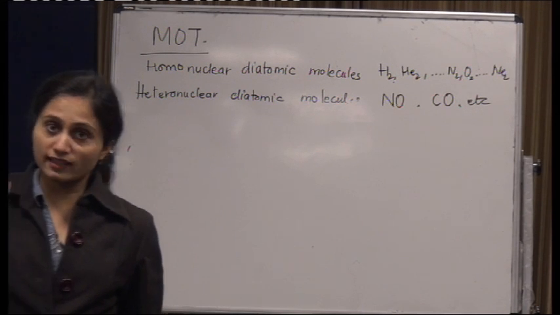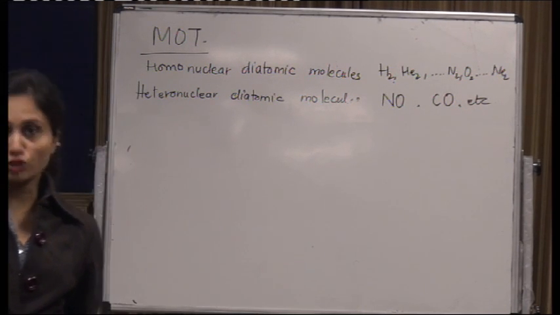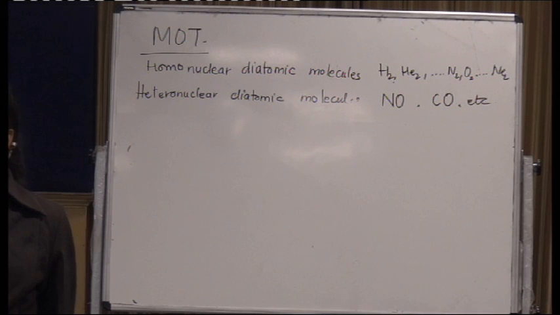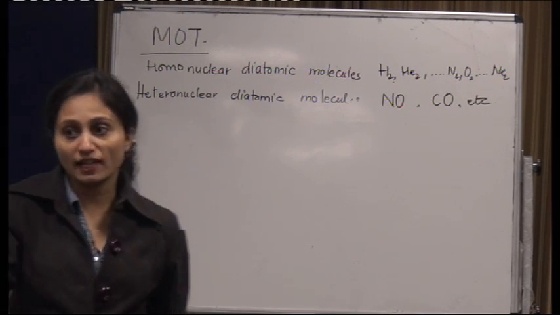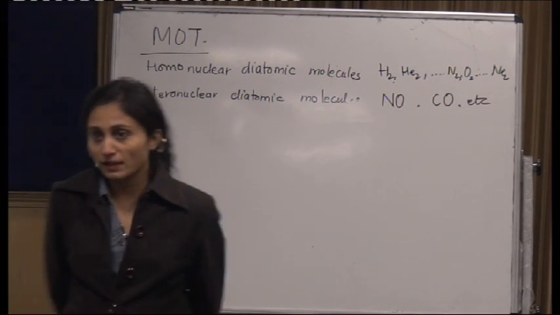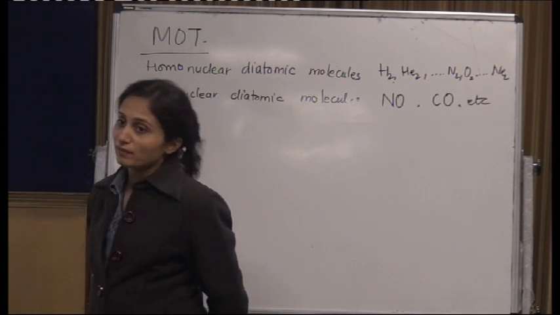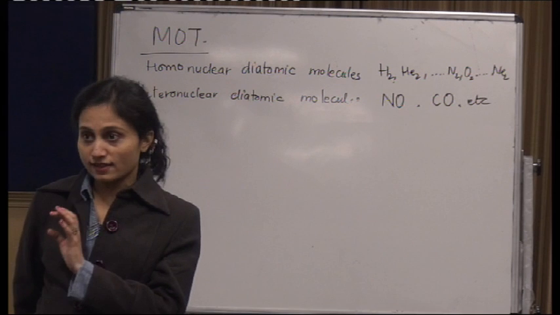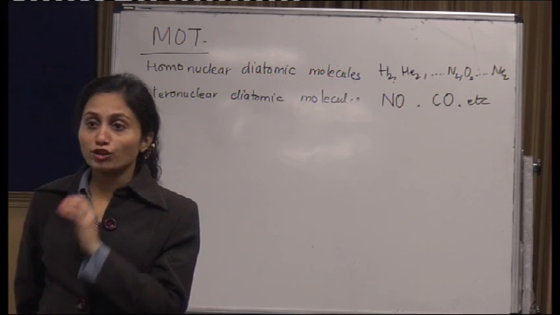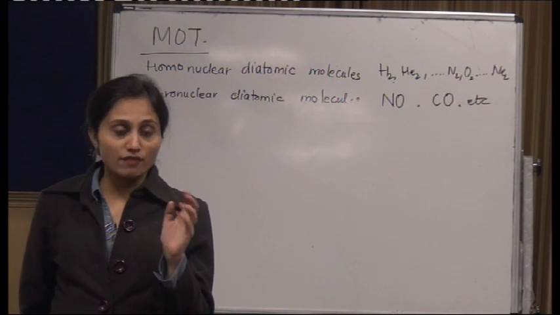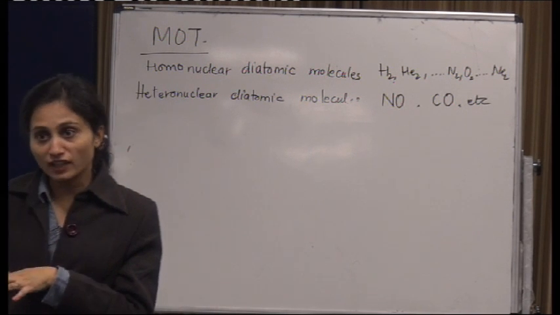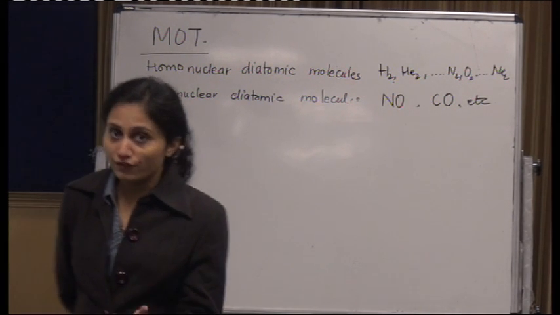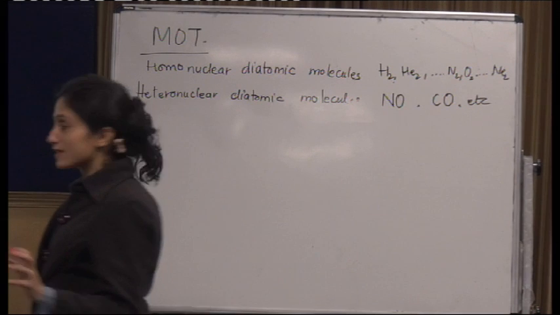Rather, I would say that diamagnetic are the ones which are not at all magnetic in character, and paramagnetic are the ones which get attracted by the magnetic field when applied to it. And whenever you have unpaired electrons, please remember this is a thing which is going to remain on till at least the end of chemistry, that whenever you have unpaired electrons, the substance is paramagnetic in nature. Whenever you have all paired electrons, it is always diamagnetic.